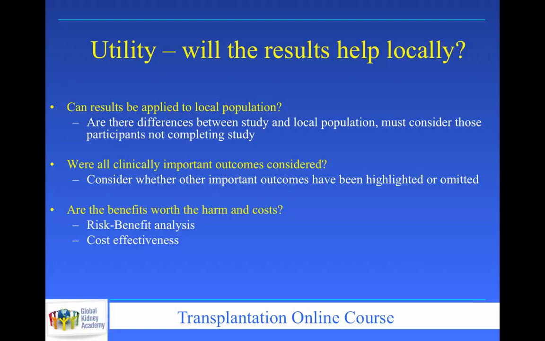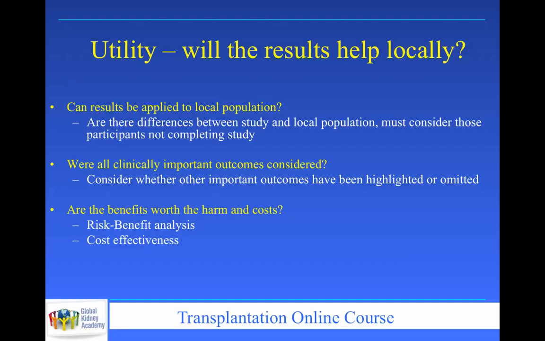And also we come back to the 5 whats. Having said that the intervention is effective, what is its risk-benefit profile? What is its cost-benefit analysis? Because it may be beneficial, it may be justified, but the risk is too high. It may be justified, but the cost is too high.